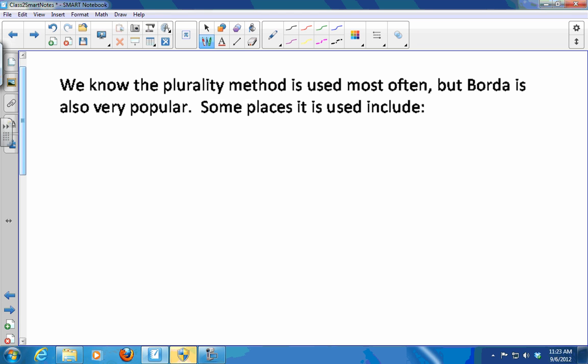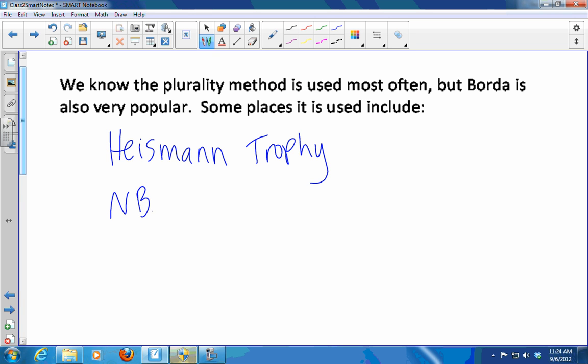So we know the plurality method is used the most often, but Borda is very popular. It's used for a lot of sports awards, like I think the Heisman Trophy. I want to say like the NBA Rookie of the Year.